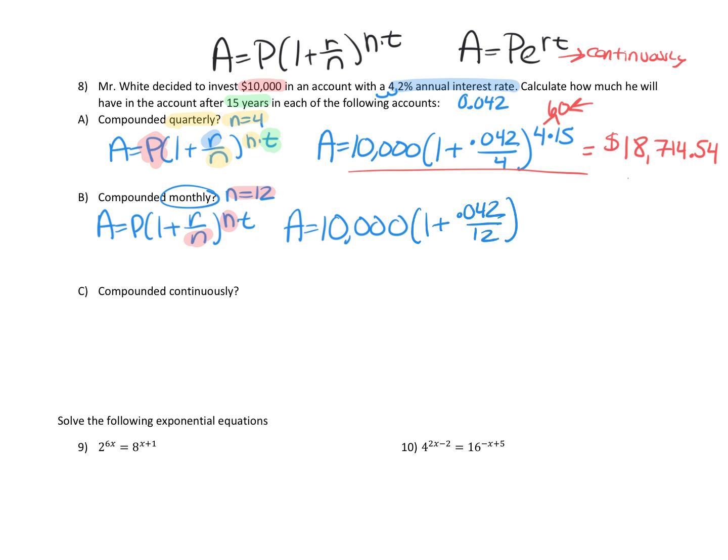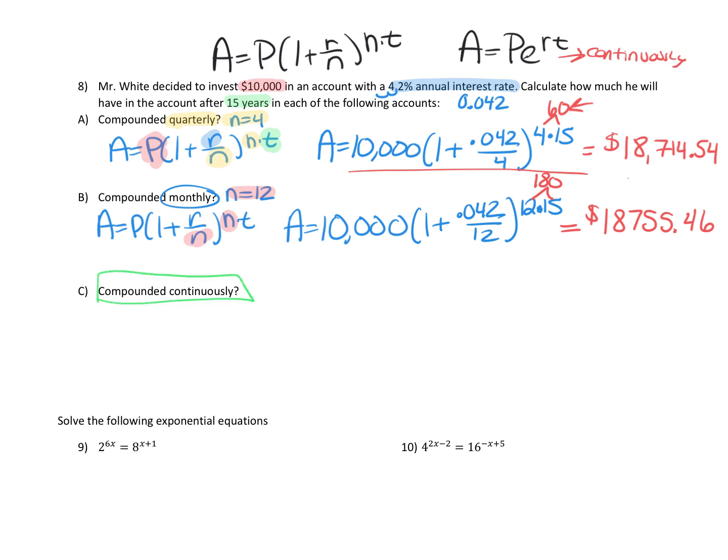So over 12 and then 12 times 15. 12 times 15 is 180, so make sure I put my exponent in at 180. So 10,000 times 1 plus 0.042 divided by 12 to the 180th power. That gives $18,755.46.